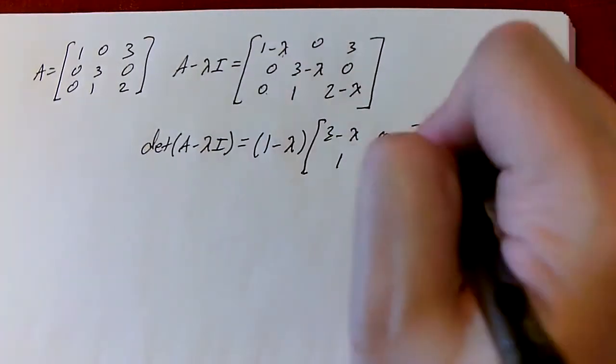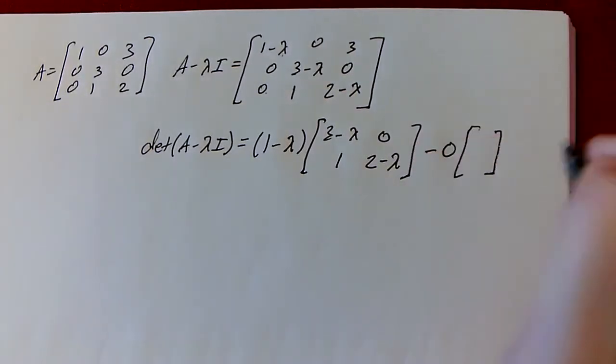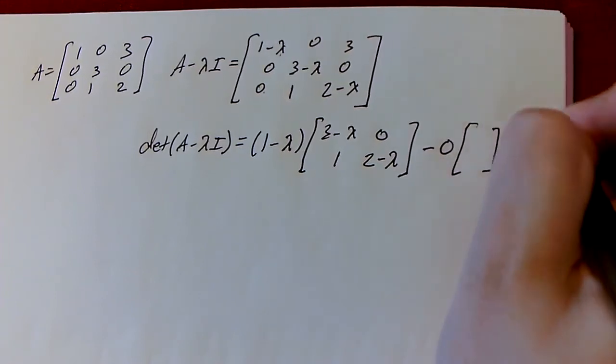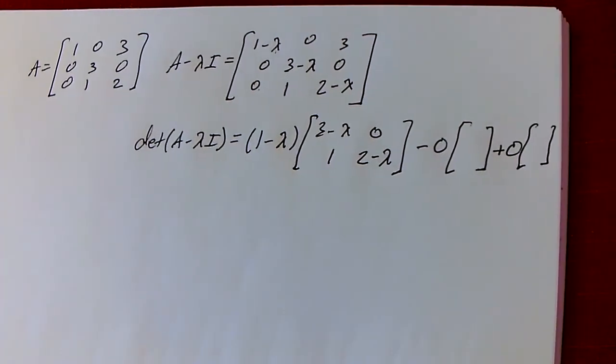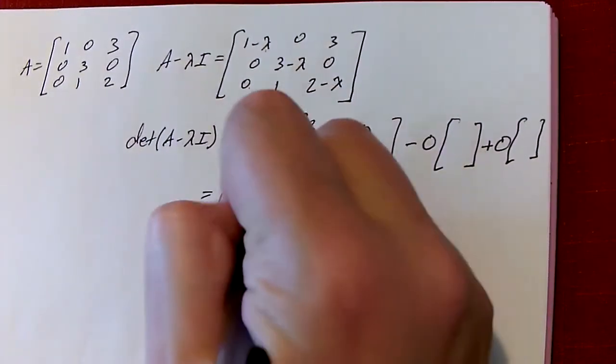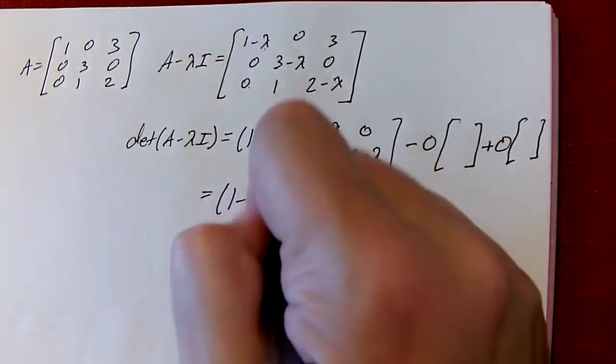But then I go down the column, so I'm going to get 0, and I don't really care what it's multiplied by because it's times 0. And I'm going to get plus 0, and again, I don't really care what it's multiplied by because it's going to be times 0. Okay, so we're doing good so far. I've got 1 minus lambda. Take the determinant here.